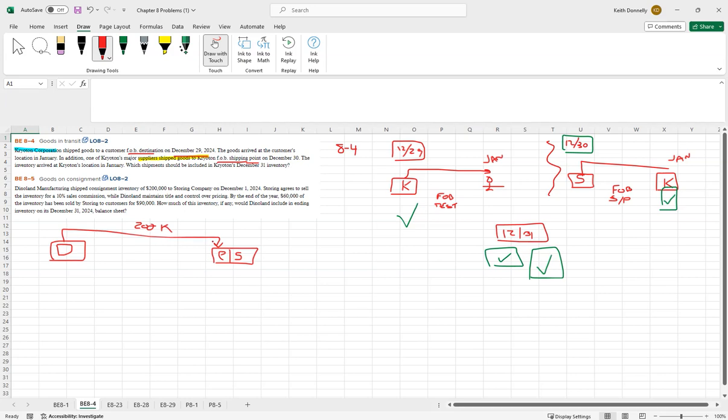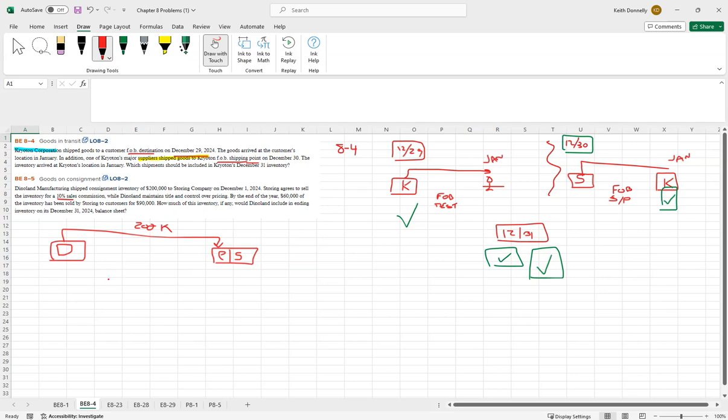This is a consignment case. It looks like the pawn shop agrees to sell the inventory, and they're going to take a 10% sales commission. During this time, Dino Land's going to maintain title and control. By the end of the year, the pawn shop had sold $60,000 of the inventory. They sold that for 90 grand. The question becomes, in light of these facts, how much inventory, if any, should Dino Land include in its ending inventory?